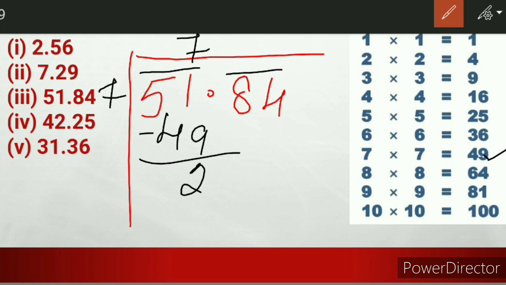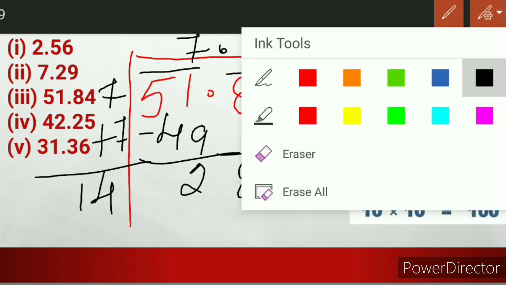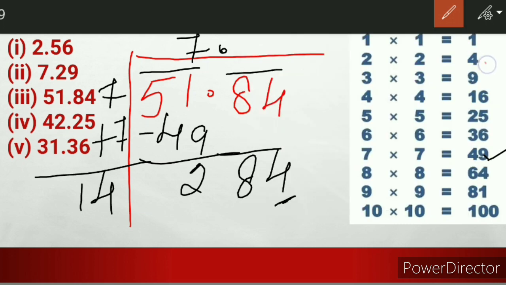Bring down the next group, 84. Before that we add 7 plus 7, 14. Put the point here. Now look at the unit place. 4 is the unit place. 2 into 2 is 4, and 8 into 8 is 64. So I will try with 2. I have taken 2 here, and here also you put 2.